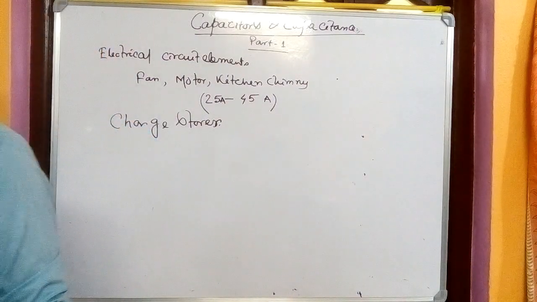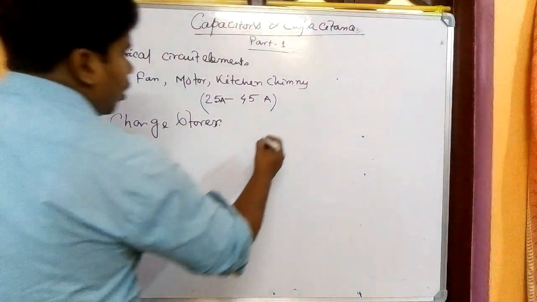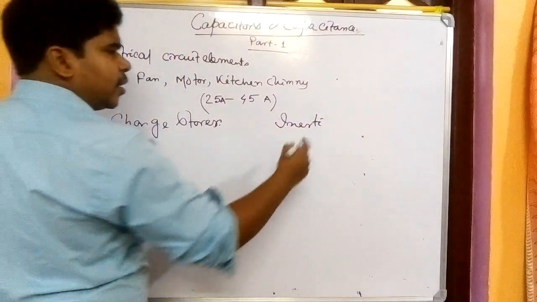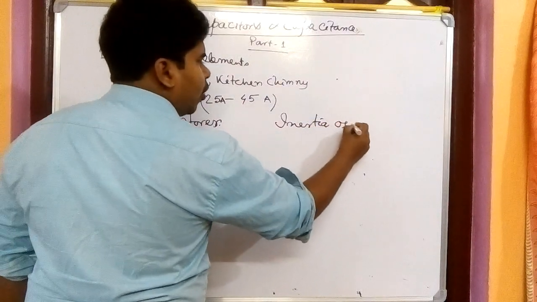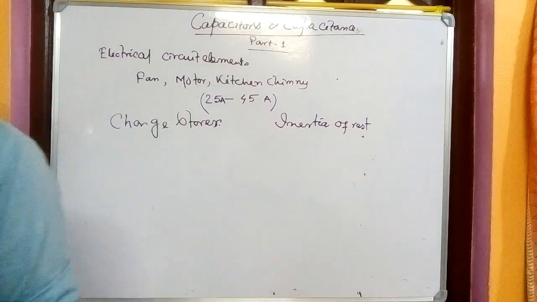We know that whenever an instrument is stopped, there is a property known as inertia of rest. We have learned it in class 9 and 11 also. When any instrument is at rest, it has inertia of rest.